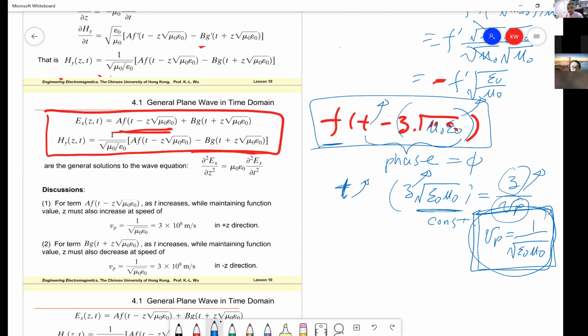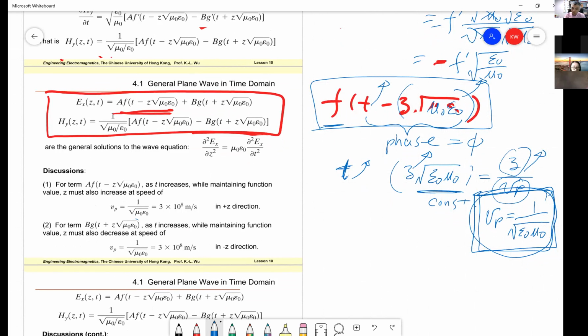And how about the other term? The other term is g. The g means when time increases, this must decrease. That means the wave propagates in the opposite direction. So one wave propagates in the positive z direction, one in the negative z direction.